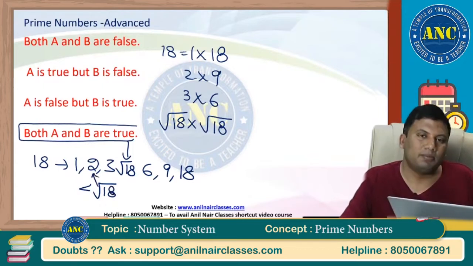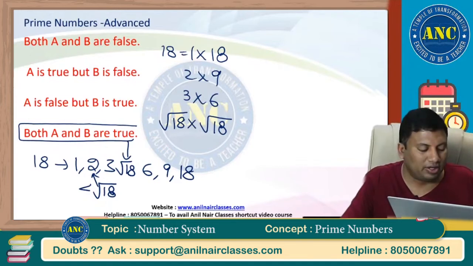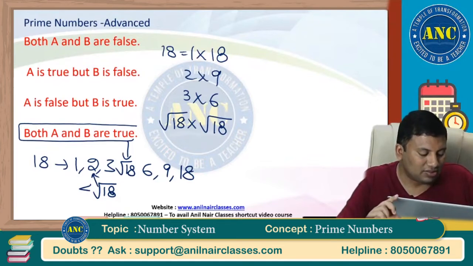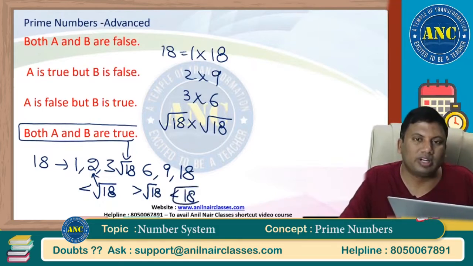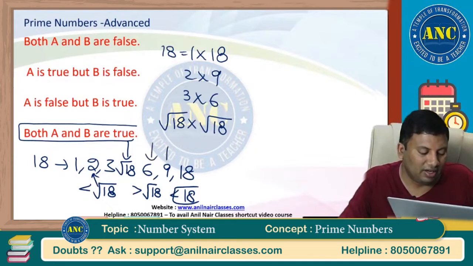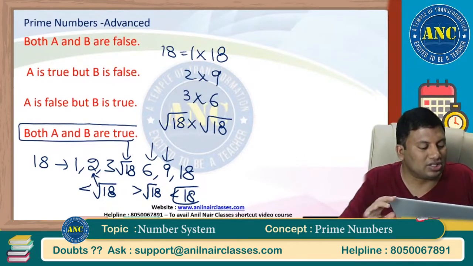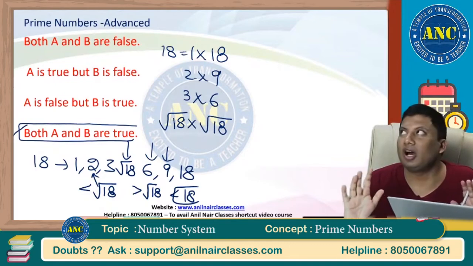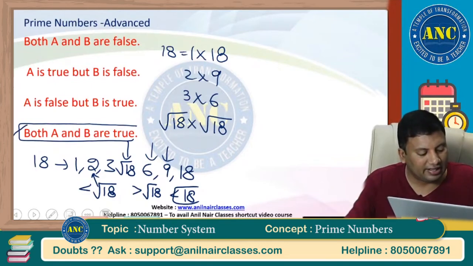Yes, root 18 is 3 root 2, about 4.2. What are all the positive integers less than 4.2? 1, 2, 3, and some of them will divide. Greater than root n, which is greater than 4.2, 6 and 9 will divide. So the answer is both A and B are true. I hope the idea is clear.